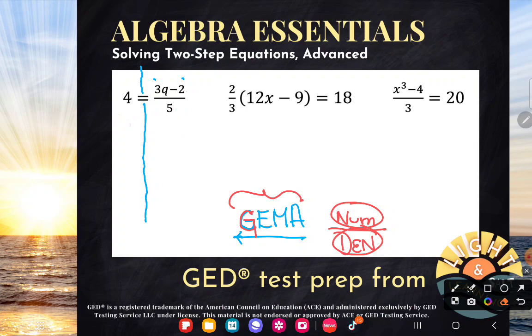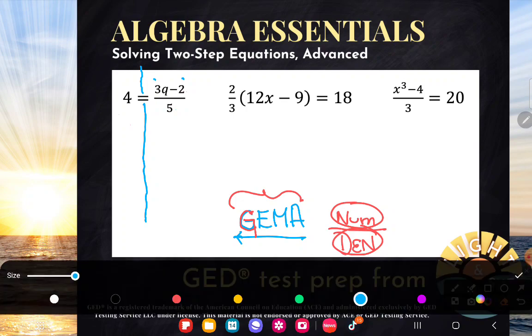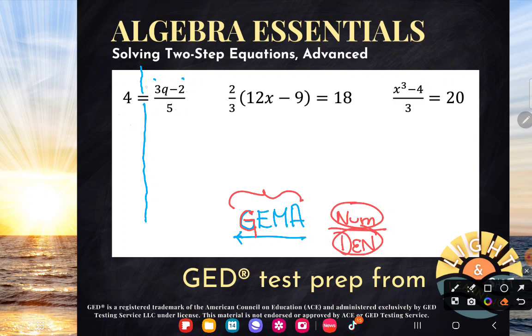We have math to do up top. That 3Q minus 2 is a group. So what does that mean? That means leave it for now, right? Leave it till last. Get rid of anything that's outside of the group first. That 5 is outside of that grouping, and so that is what I'm going to send packing.